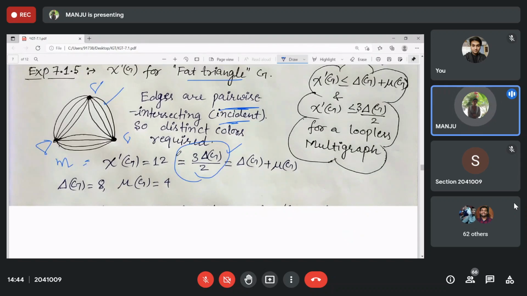Is this delta plus mu? What is mu of G? Mu of this vertex A and B? 4. Mu of B and C? 4. Mu of A and C? Again 4. So mu of G is 4. So delta G is 8 plus 4. And this is also 3/2 into 8. Right? You can just check it.